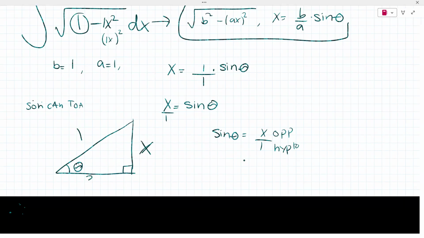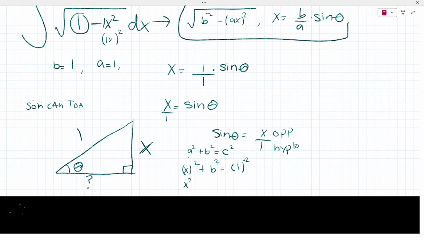Before I go any further, I gotta find this missing leg. So you gotta use the Pythagorean theorem. One of my legs is x, so x squared. I don't know my other leg, I call it b. And my c, my hypotenuse, is 1.